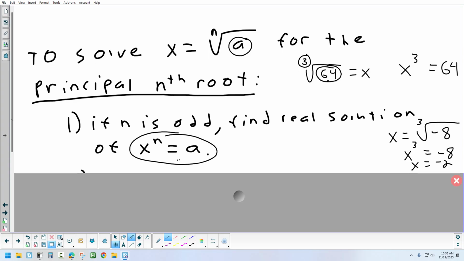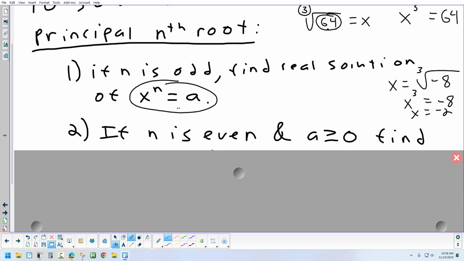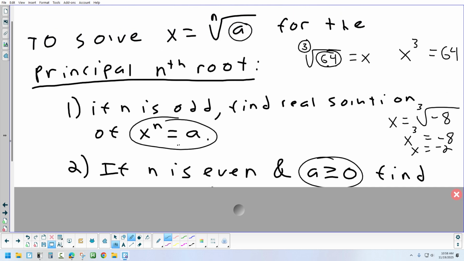Okay, so even roots are a little bit different. First of all, when we're dealing with an even root, we have to make sure that the radicand is 0 or higher. Just think of a square root. Why does this have to be 0 or higher if you want to take a square root of it?